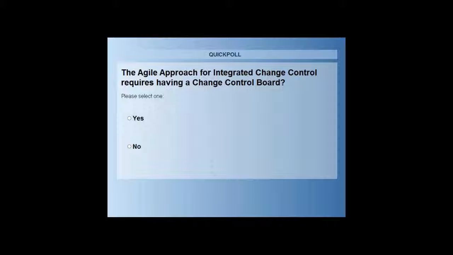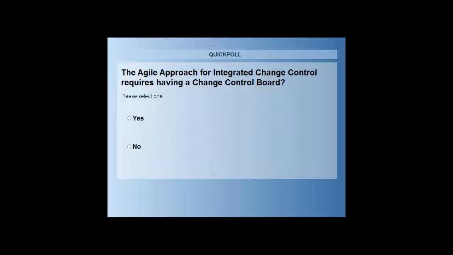So the answer here is that we don't really need a change control board for Agile. So as far as in PMBOK, you need to establish clearly what is called a change control board, and you really need to follow the process very extensively.